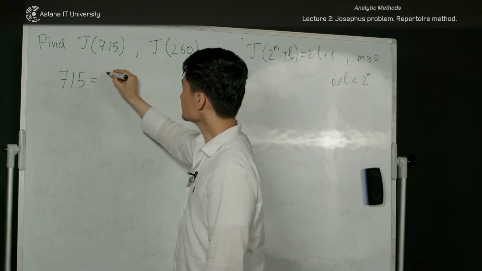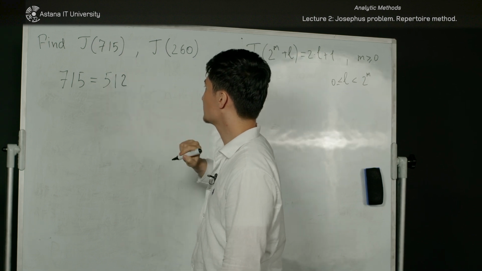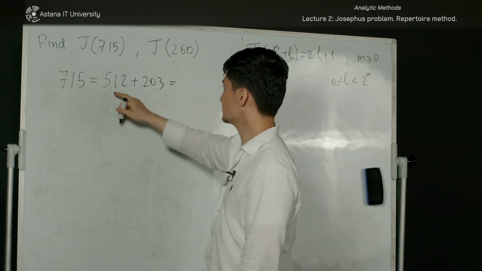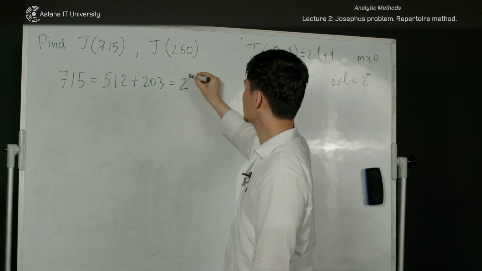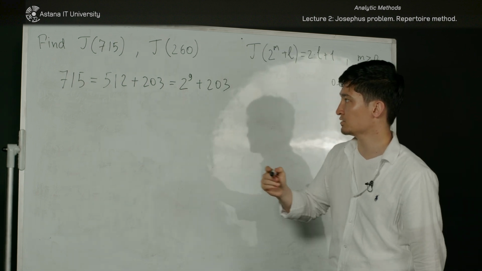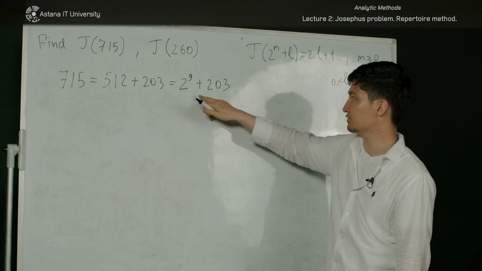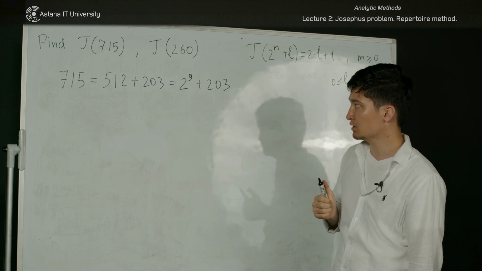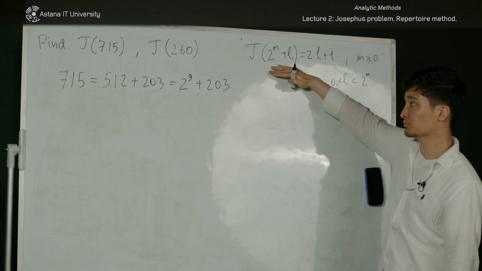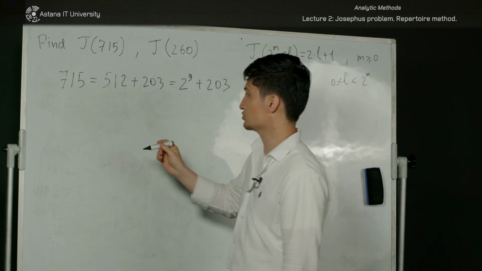So 2 to the power of 9 is 512, so 715 is 512 plus 203. Now we expressed 715 as 2 to the power of 9 plus some integer. Now this format corresponds to the closed form, and therefore we can apply the closed form for Joseph's number.